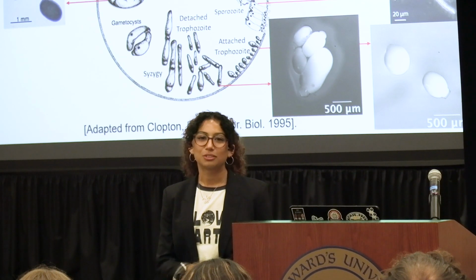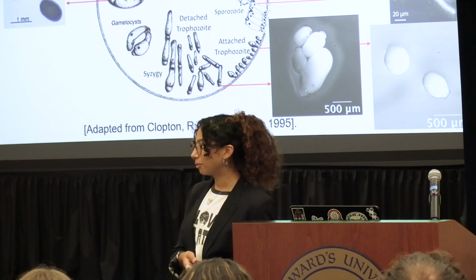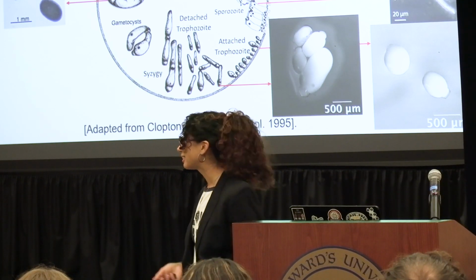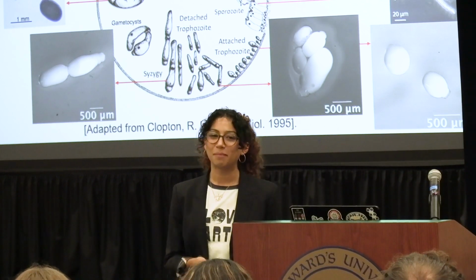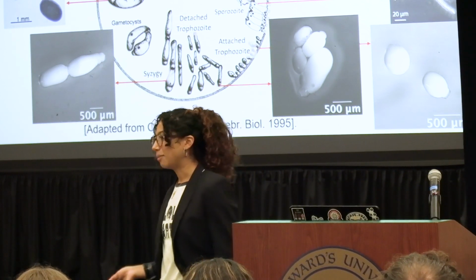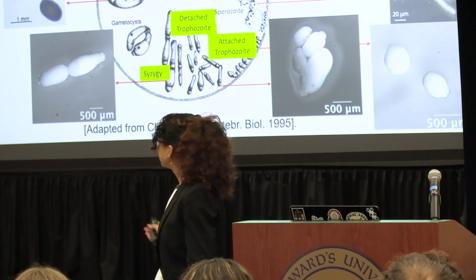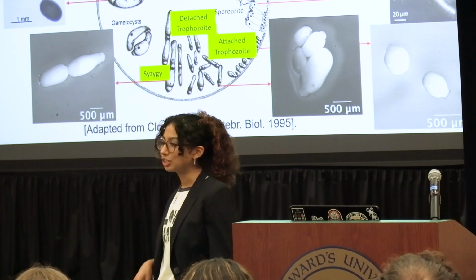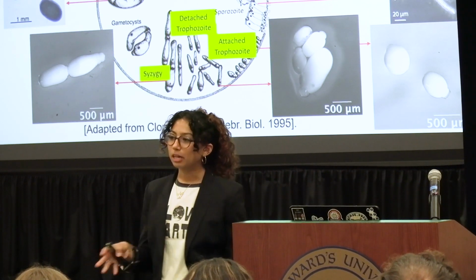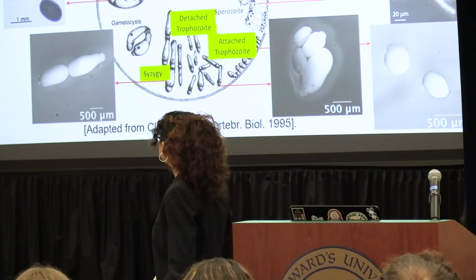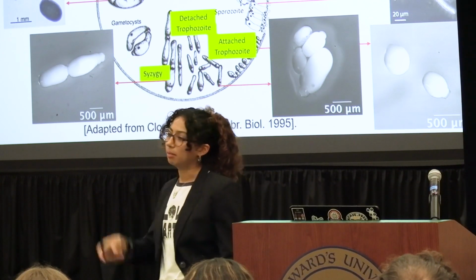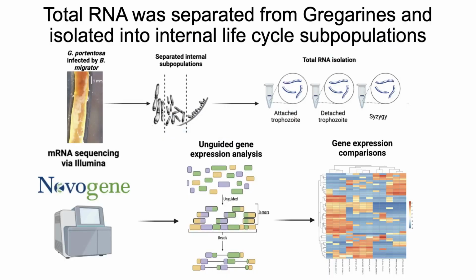Once the detached trophozoites have matured, they then pair up with one another and move on to the reproductive or syzygy life cycle stage to repeat the process all over again. I focus on three main subpopulations, the attached trophozoites, detached trophozoites, and syzygy parasites, because of their direct relationship with the host and the ease of identifying between the different subpopulations.